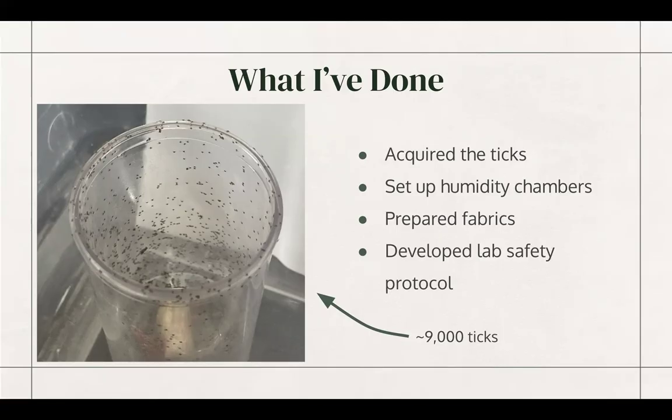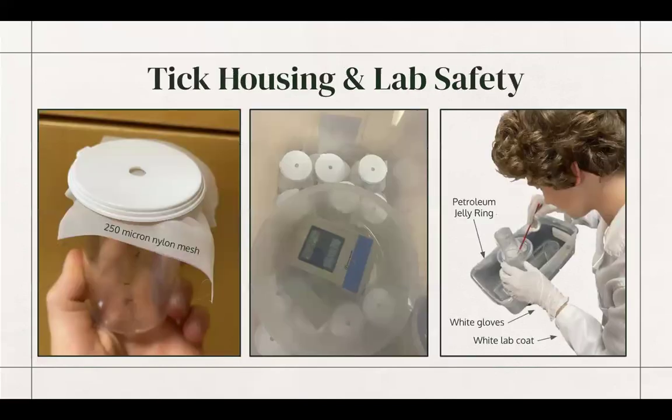And I've also developed an extensive lab safety protocol because I am not interested in releasing a bunch of ticks in our lab. So they're stored in these little vials here with a hole punch lid type thing going on, and they have a 250 micron nylon mesh mashed in there to keep the ticks in and to let the humidity exchange freely.